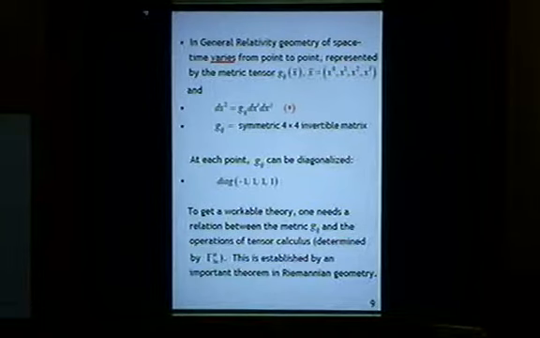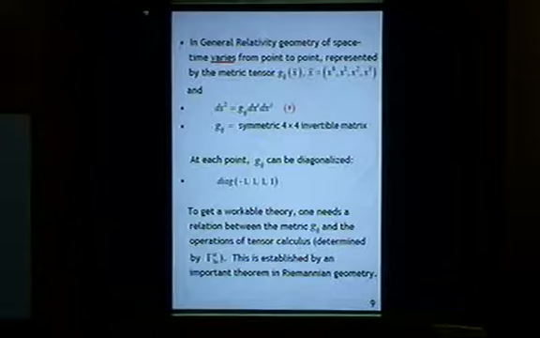And the metric then is ds squared equals g_ij dx^i dx^j. Now remember, i and j are appearing up and down in one term, so you've got to sum everything from i goes to 0 to 3 and j goes to 0 to 3. Pretty long thing.